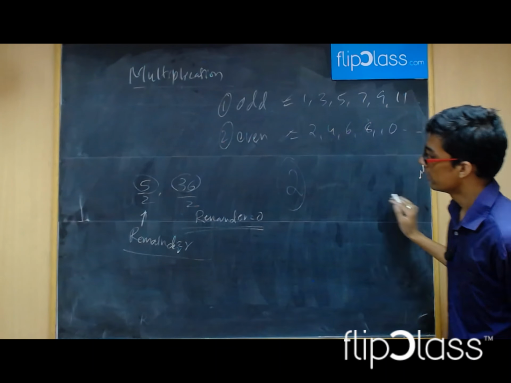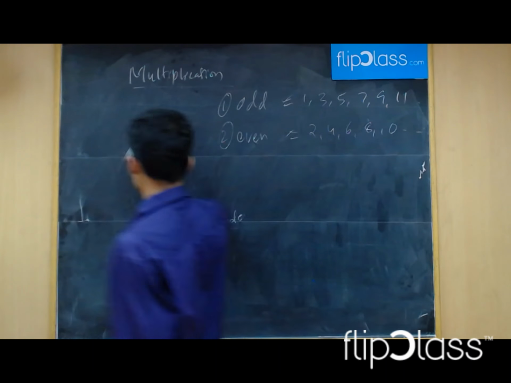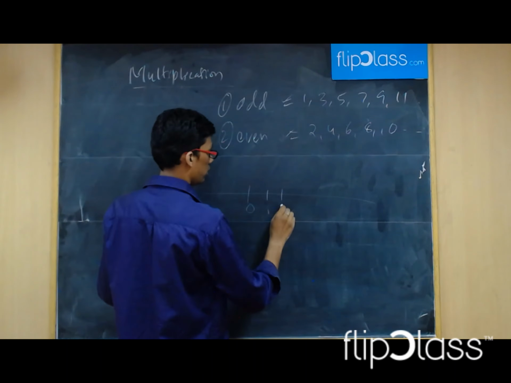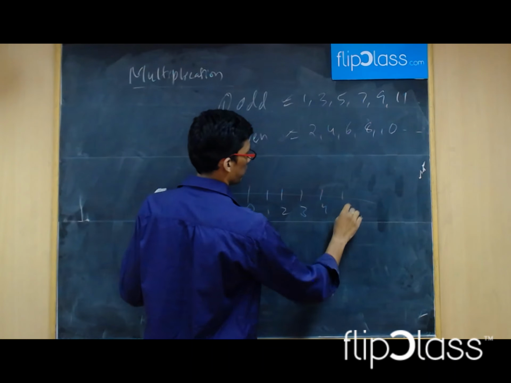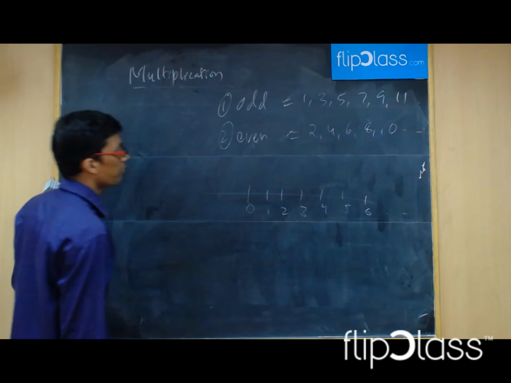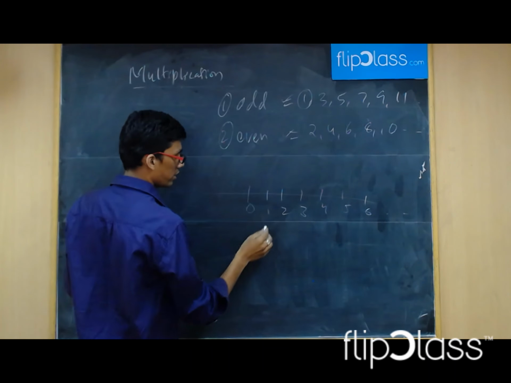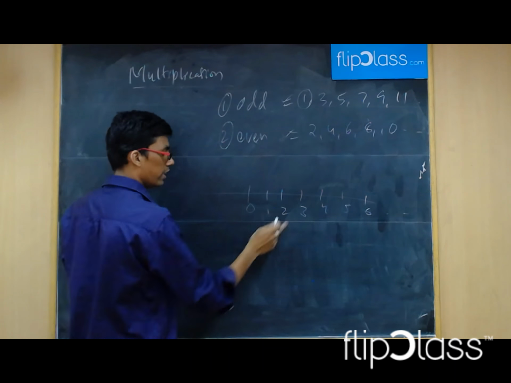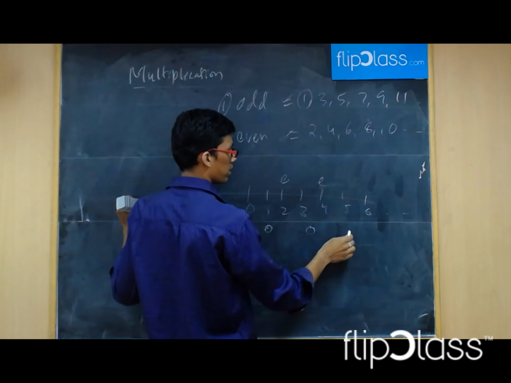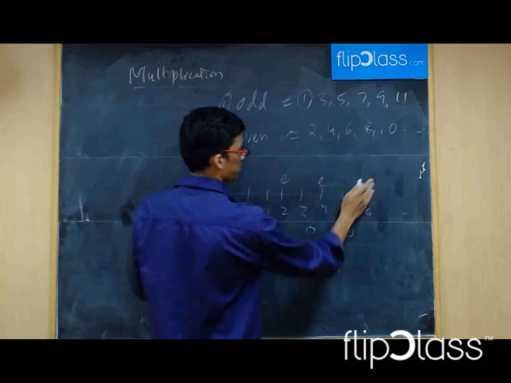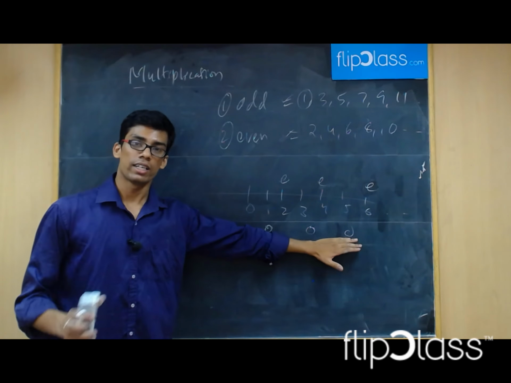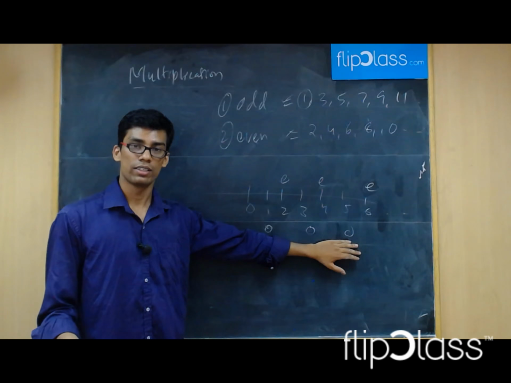Now if you see, I have told you about the number line: 0, 1, 2, 3, 4, 5, 6 and so on. If you keep on writing like this, the number 1 is odd, the next number is even, the next number is odd, even, odd, even. So every alternate number is either odd or even.